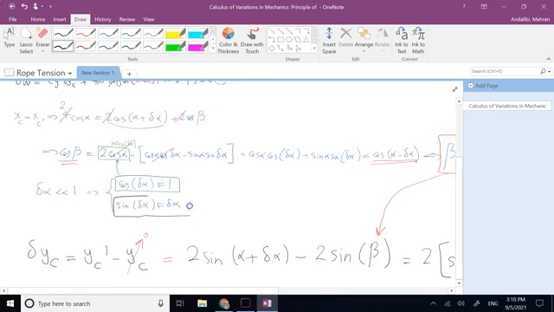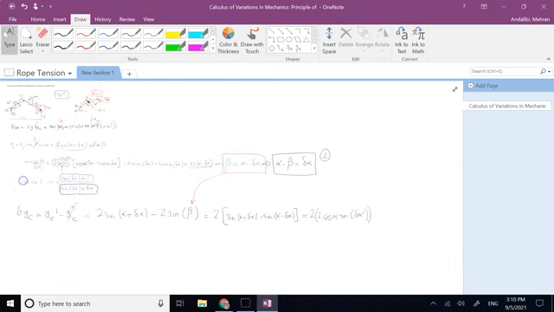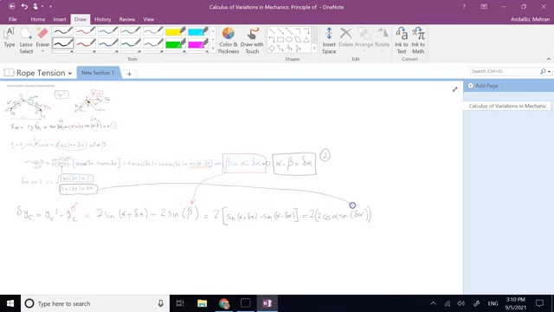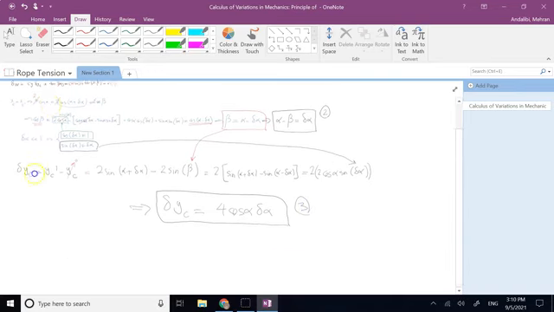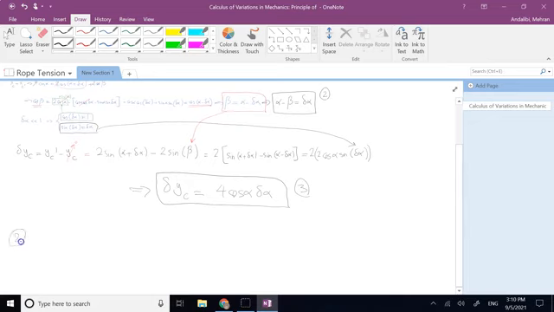If I use this and bring it all the way to here, it gives me that delta y of c is gonna be 4 times cosine of alpha del alpha. And this I can call 3. Now if I plug 3 and 2 into 1, I will get what I need.